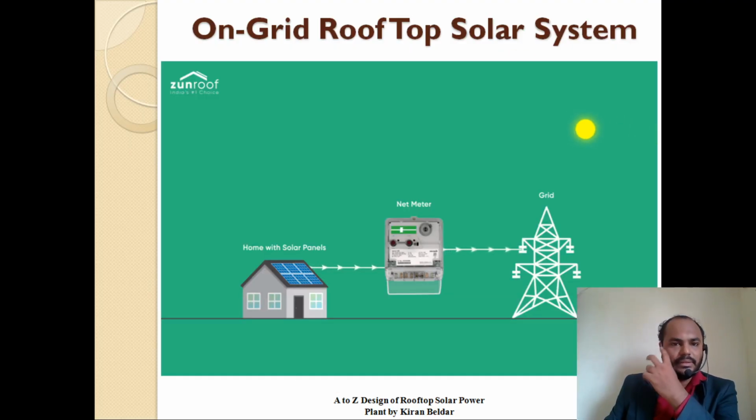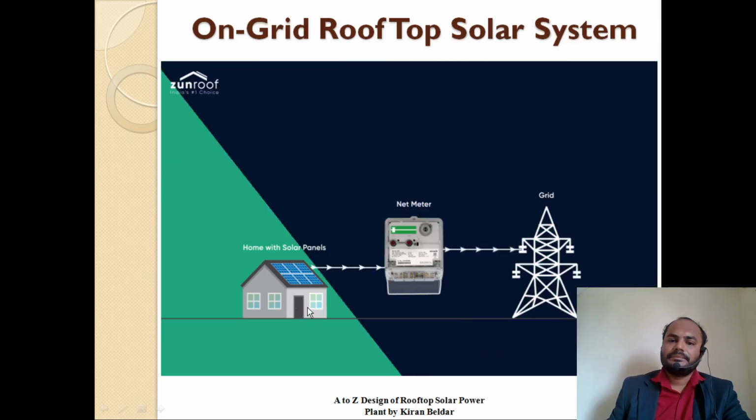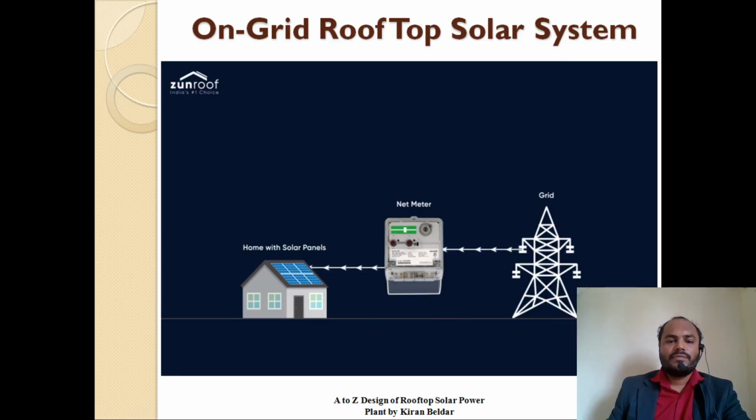Now we will see the basic working of an on-grid solar system. First focus on this animation. This is a home, this is a net meter, and this is a grid connection.